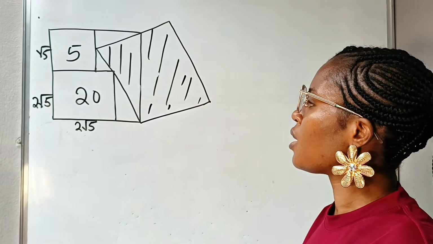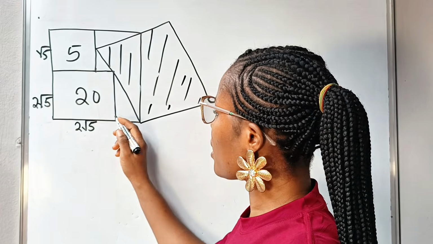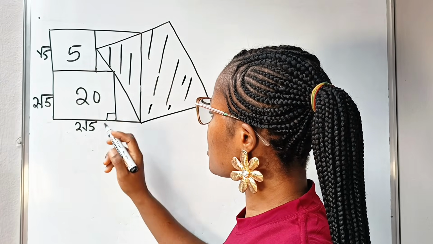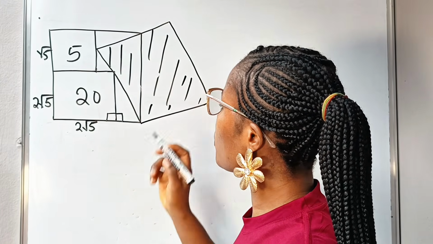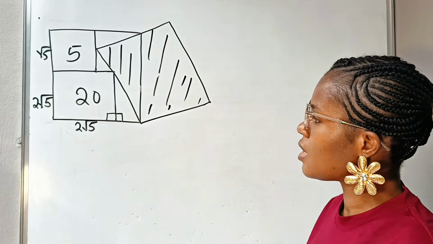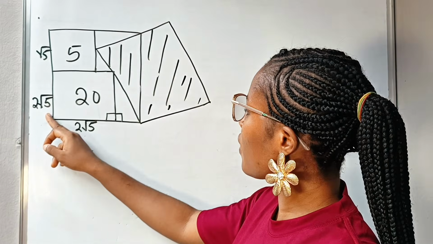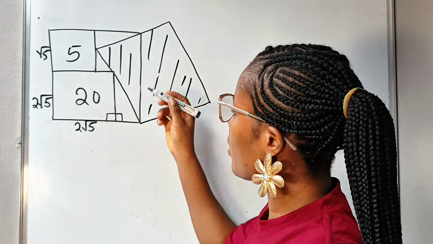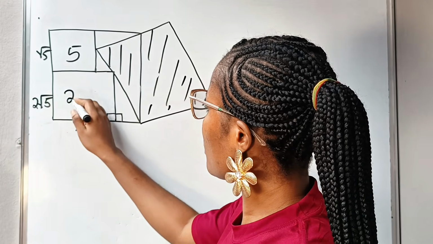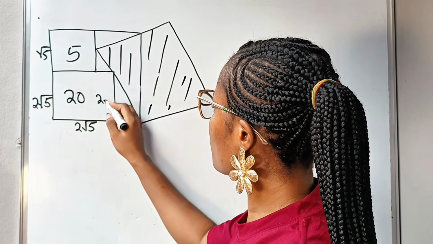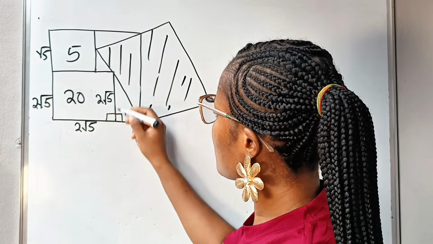Okay, first of all, since this is a square, it means this is 90 degrees. That means this is also 90 degrees. And if this side is 2 root 5, then this side is 2 root 5 as well. Okay, so here is 2 root 5, this length.